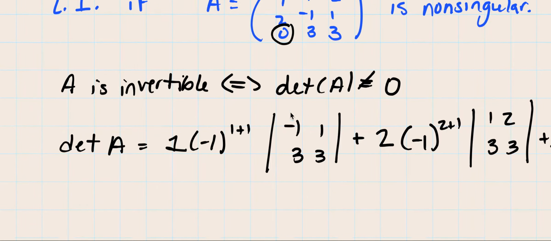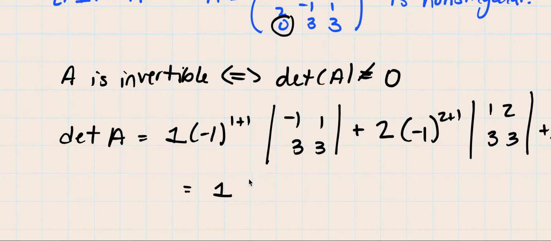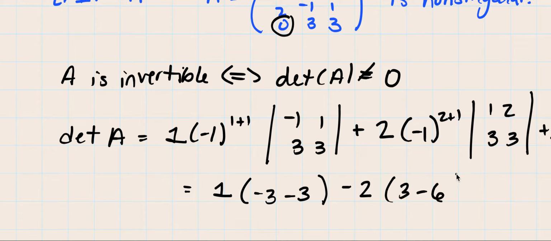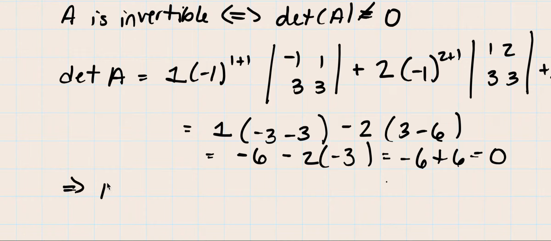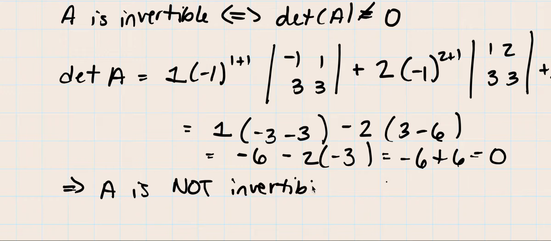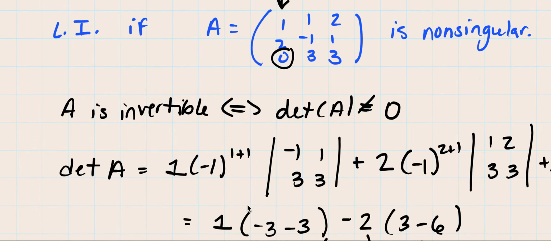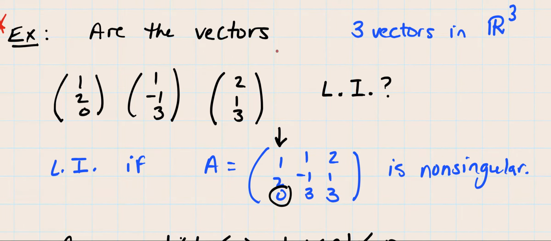So we really only need this piece. This is equal to 1, negative 3 minus 3, minus 2, 3 minus 6, which is negative 6 minus 2 times a negative 3. I get negative 6 plus 6, which is 0. That tells me A is not invertible. And since that is the case, our vectors are not linearly independent.